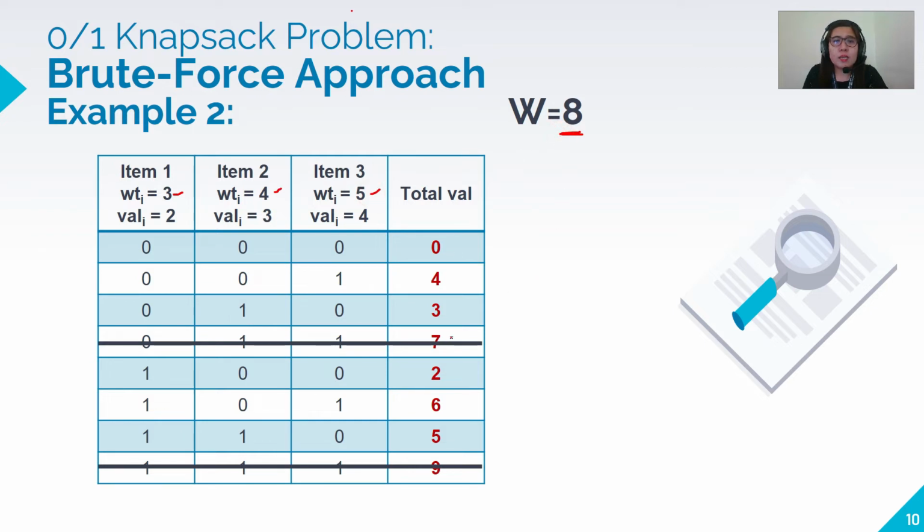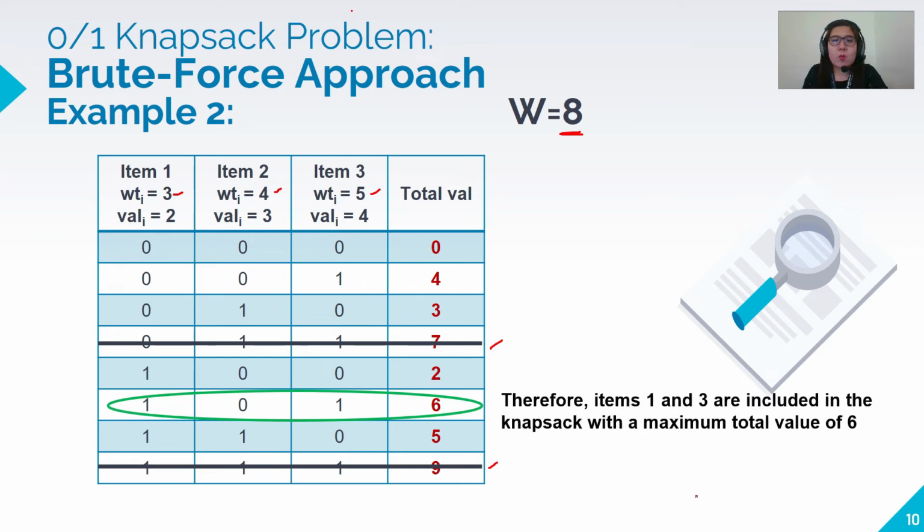So, these two are not applicable. Okay? After that, we'll identify the maximum total value, which is 6. So, therefore, items 1 and 3 are included in the knapsack with the maximum total value of 6.